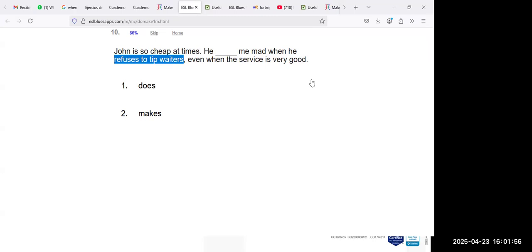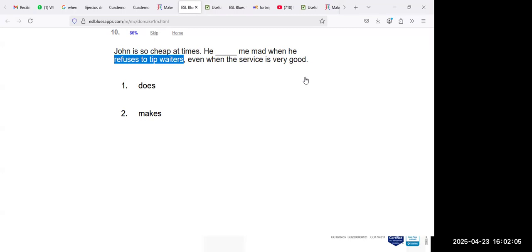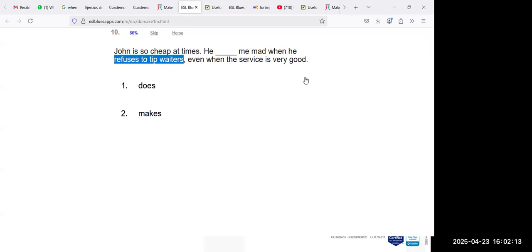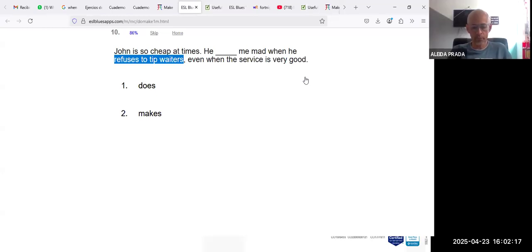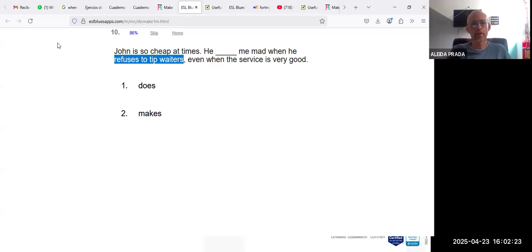The waiters of a restaurant, I think, right? But tip. Tip waiters is when you give money to the waiter. Oh, okay. The tip, I confused the word, so sorry. Tip, de propina.